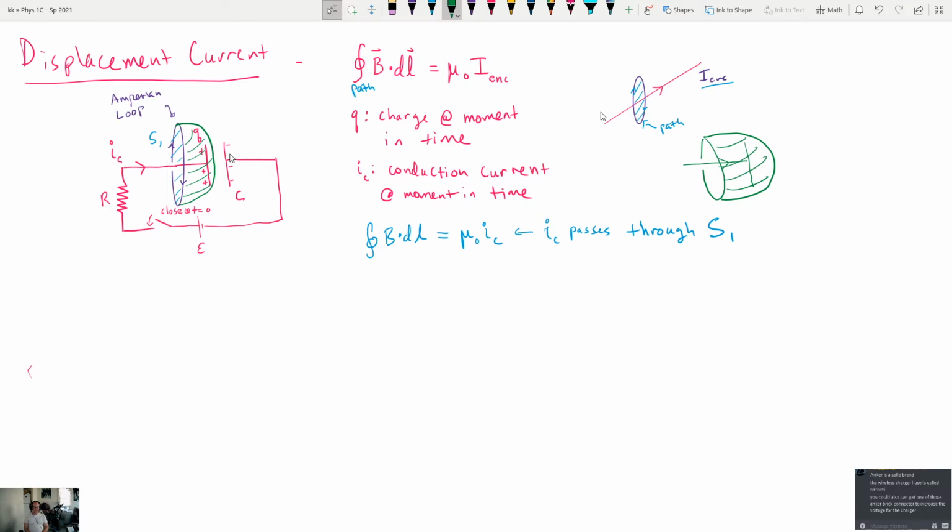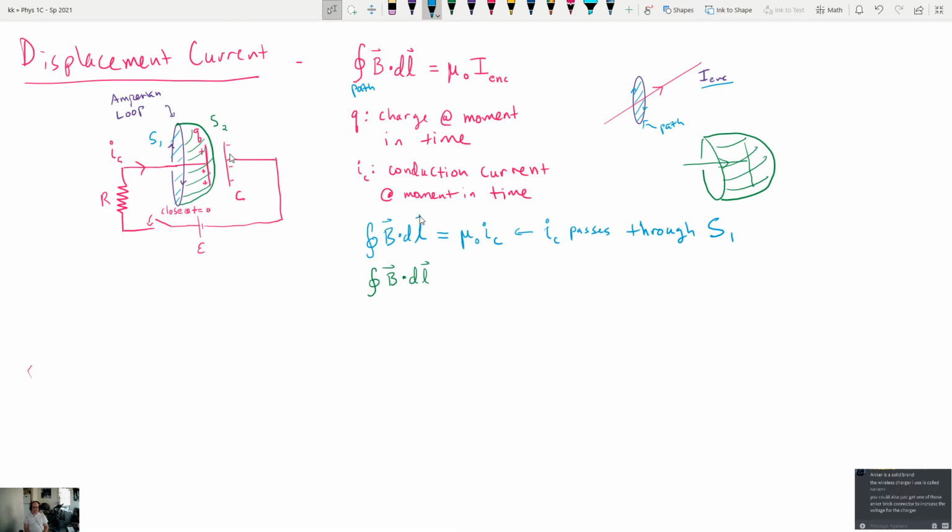Now, if we do that, and we ask the question, how much current passes through the surface, which we call S2, then if we use S2 we get the integral of B dot dl. Sorry, there should be vector symbols above these too.